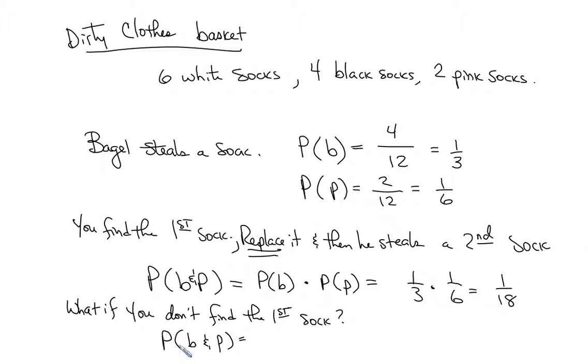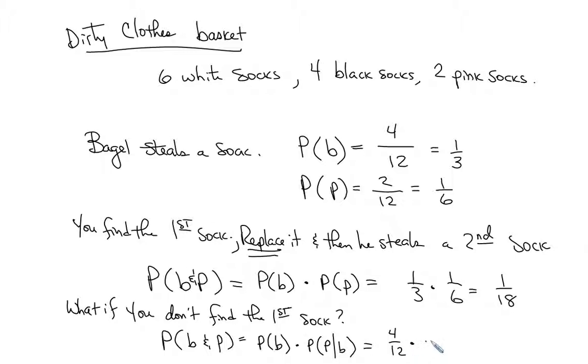Well, now the probability of getting a black one is still, I'm going to use the original numbers, guys, 4 out of 12, right? Probability of getting a black one times the probability of getting a pink one, given that a black one is already gone.